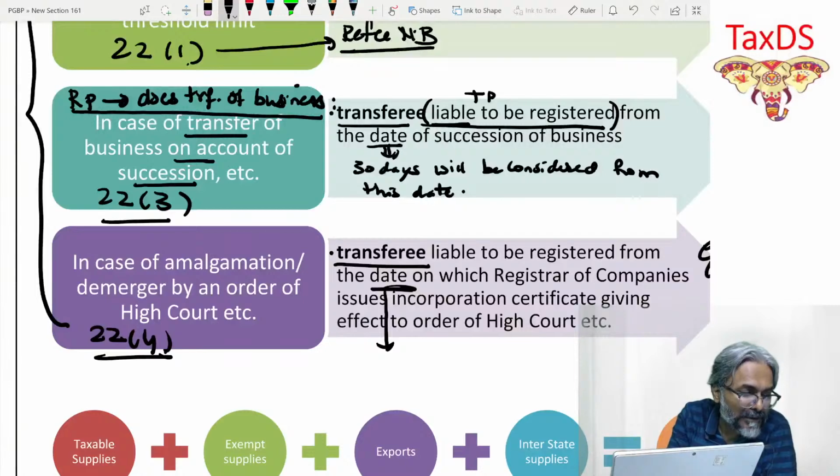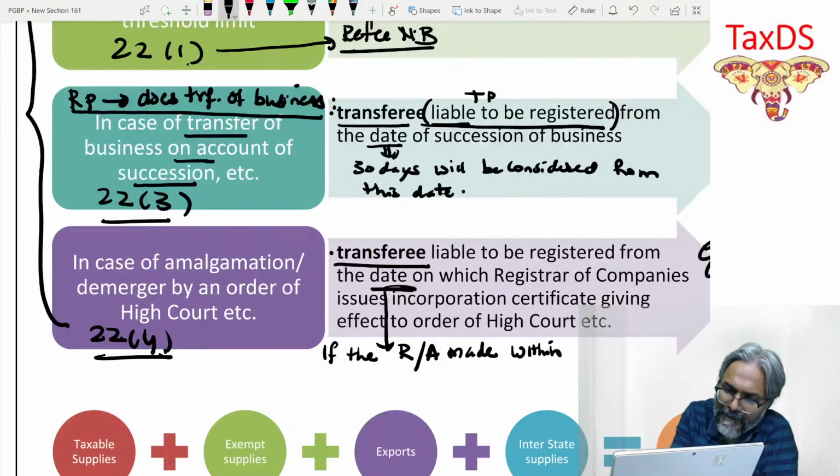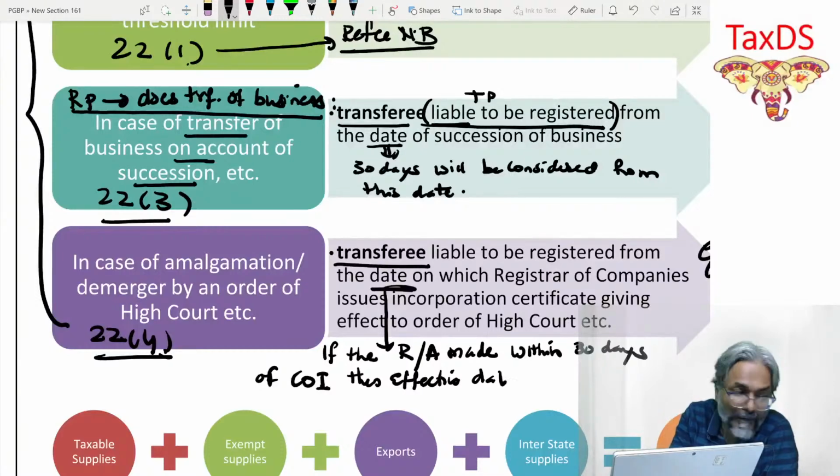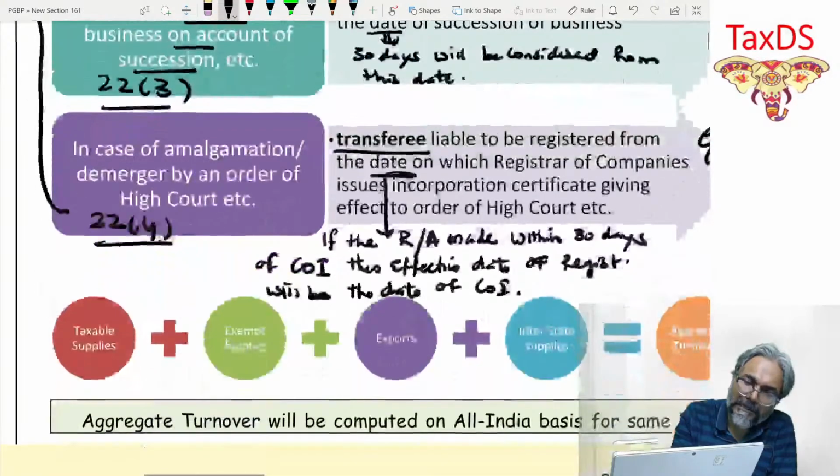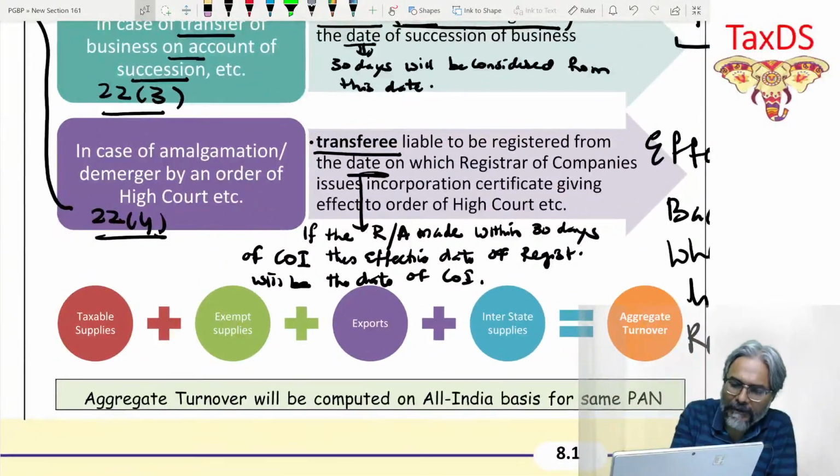So what we can say, if the registration application, RA, is made within 30 days of the certificate of incorporation, COI, then the effective date of registration will be the date of COI, students. I hope that all of you are clear with this one.